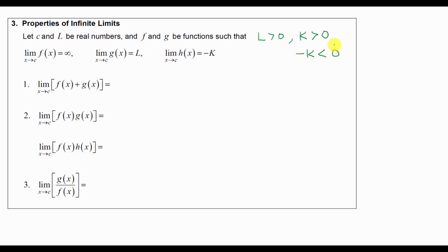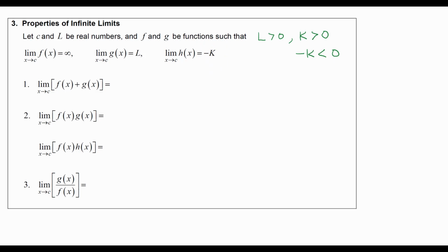And let's say the limit as x approaches c of f of x is infinity. The limit as x approaches the same number of the g function gives us the limit L. The limit as x approaches the same number of the h function, let's say it gives you a limit also, but let's say it's a negative number.